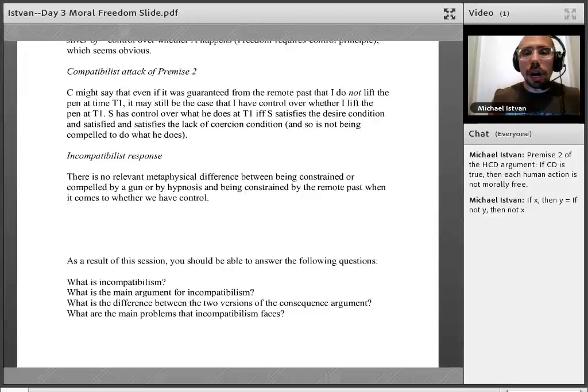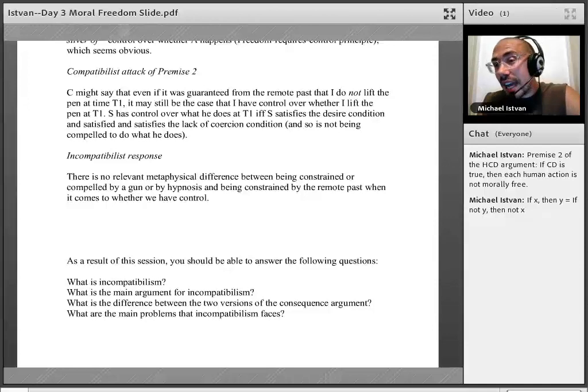And now, what are the main problems that incompatibilism faces? Well, we saw the attacks that compatibilism raised for the various arguments. We had responses on behalf of incompatibilism, but one of the severe ones that we didn't really have an adequate response to was the Harry Frankfurt attack on premise 3 of the abilities version of the consequence argument.